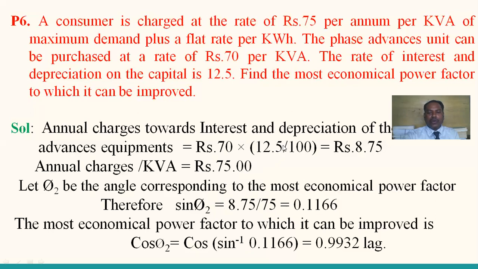So y by x, 8.75 divided by 75, is equal to 0.1166. So the most economical power factor at which it can be improved is cos phi 2, equal to cos of sin inverse 0.1166, which is 0.9932. With this problem, we will stop this class. The next problem will continue in the next class. So thank you.